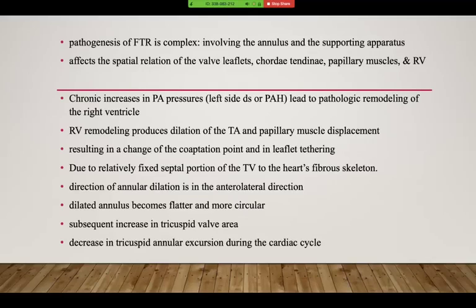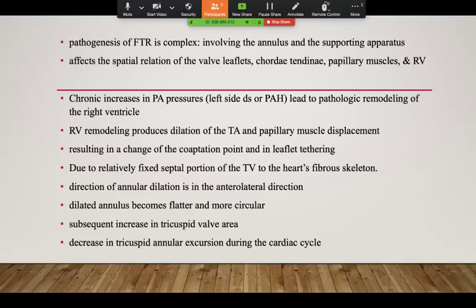Due to the relatively fixed septal portion of the tricuspid valve to the heart's fibrous skeleton, the direction of the annular dilation is in the anterolateral direction, and the dilated annulus becomes flatter and more circular, and there is subsequent increase in the tricuspid valve area and decrease in the tricuspid annular excursion during the cardiac cycle.